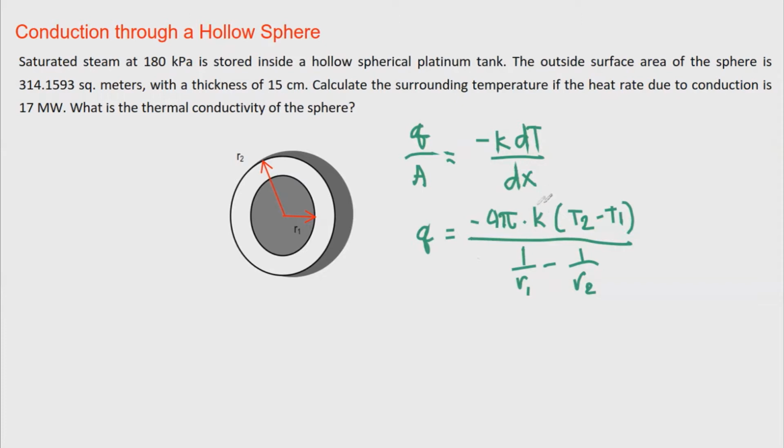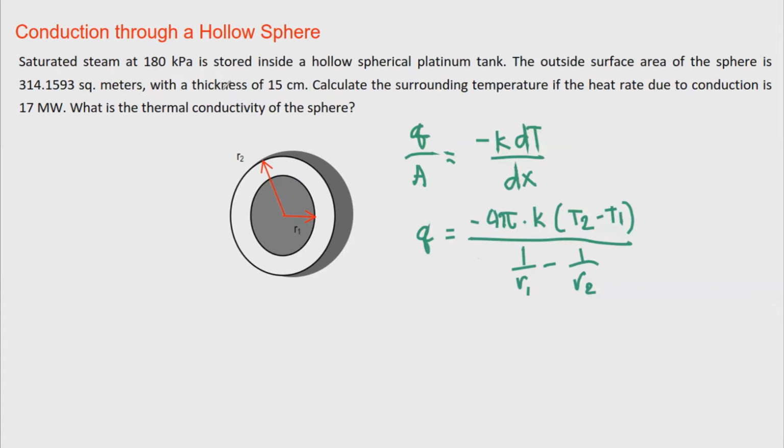But the only problem here is that we need a certain value of K. We know very well that our spherical tank is made up of platinum. But the problem didn't specify the thermal conductivity. Your first analysis would be, okay, I need to find the temperature so that I can interpolate and probably find it in our Perry's Handbook.